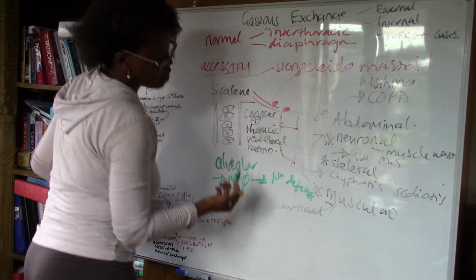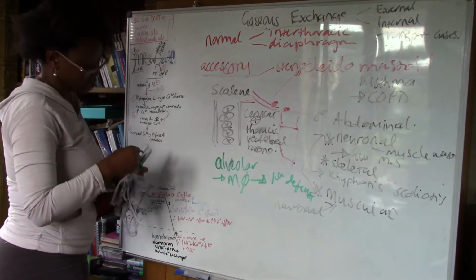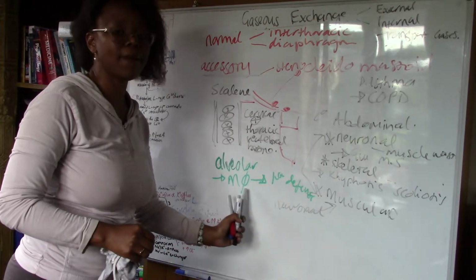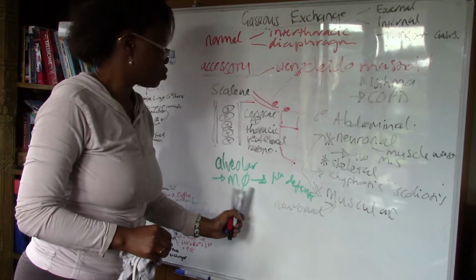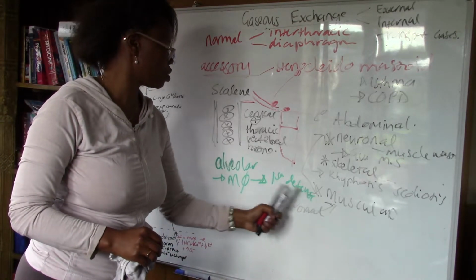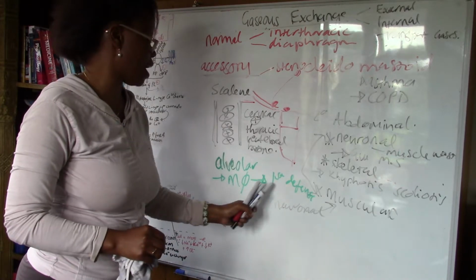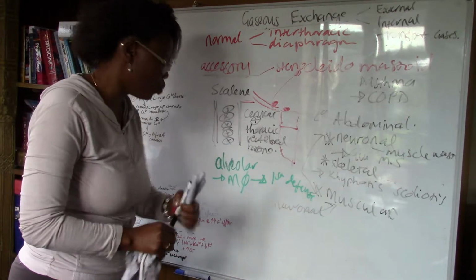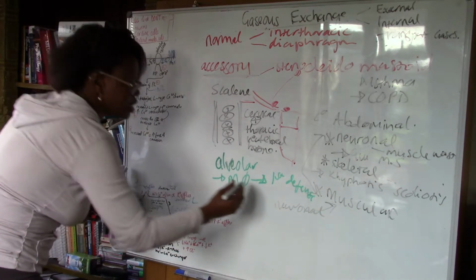The reason why I'm quickly mentioning macrophages in the alveolar is that macrophages engulf whatever foreign body has invaded the respiratory system, but what they do is stimulate inflammation.